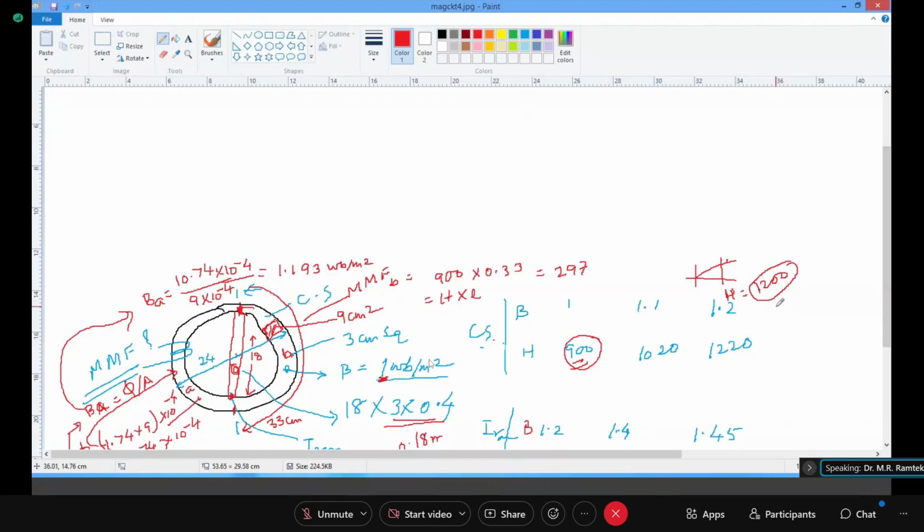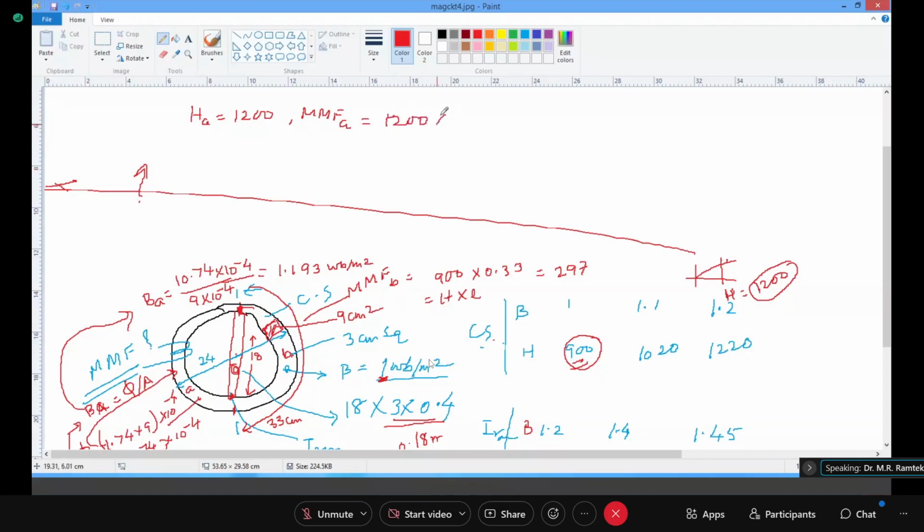Now from this, what do you get? H for A is 1200. So MMF for A is 1200 into its length. How much is the length? 0.33, am I right?